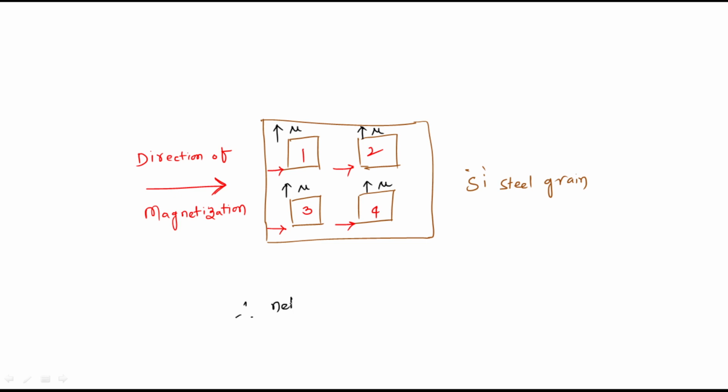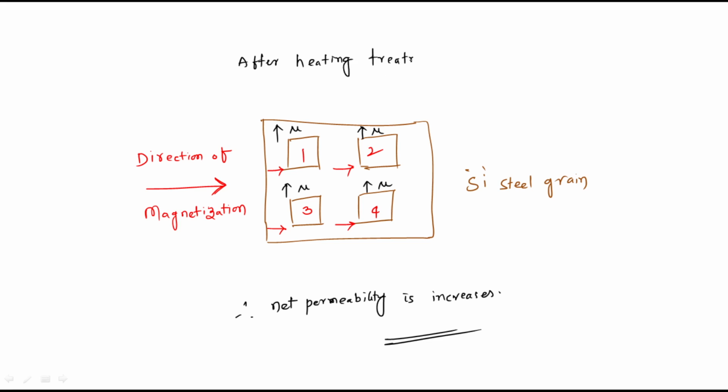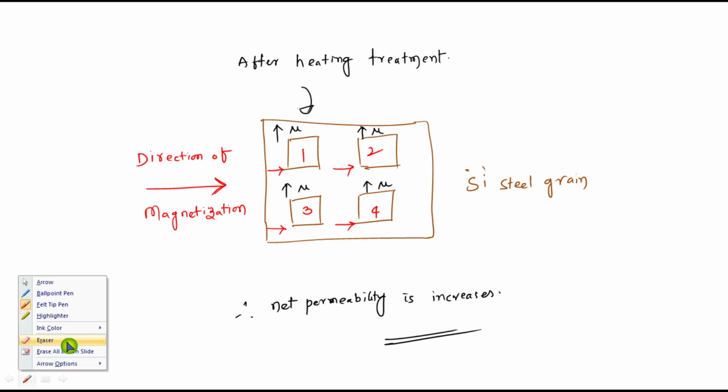Therefore, the net permeability is increased after heating treatment. After heating treatment, this is the orientation. Sorry, this is the CRGO steel grain.